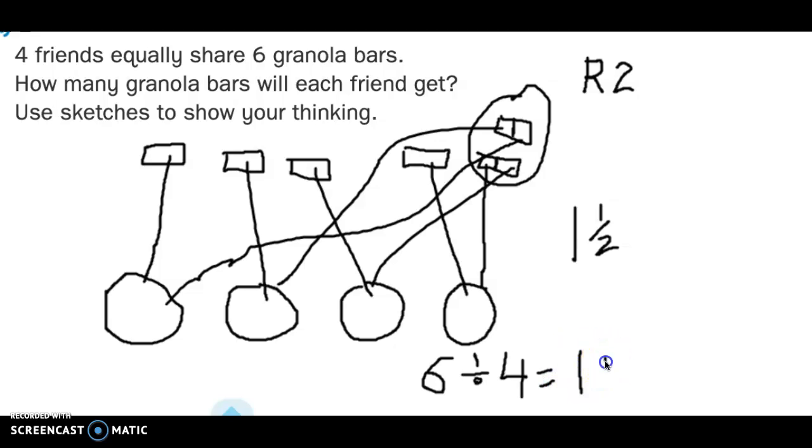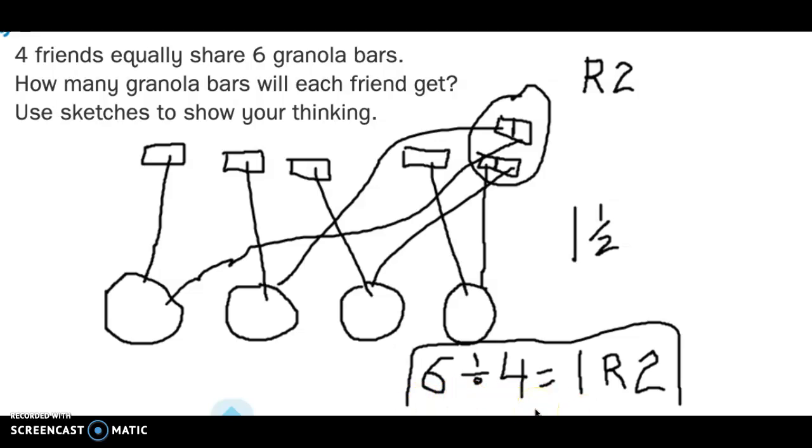And the remainder, which means leftover, is 2. So there's how we would write our model sentence with a remainder. If we had granola bars, we could cut them in half, but if we had pennies, we couldn't, and we'd have to write it like this.